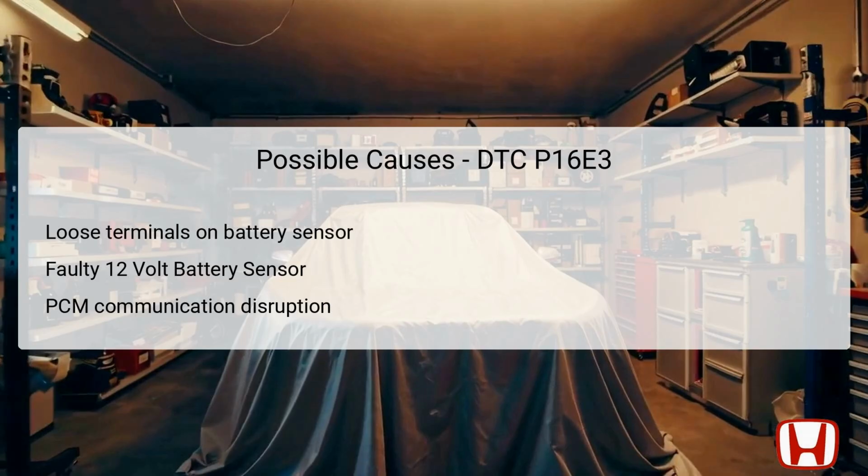Additionally, a faulty 12-volt battery sensor itself could be to blame, as this component is crucial for accurately measuring battery status and needs to function optimally to prevent errors. Furthermore, a disruption in communication within the PCM, which could stem from short circuits or other electrical issues in the LIN, local interconnect network, can also contribute to this error. Understanding these underlying causes lays a strong foundation for effective diagnostics.